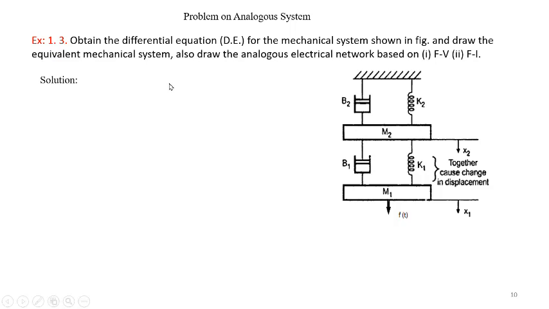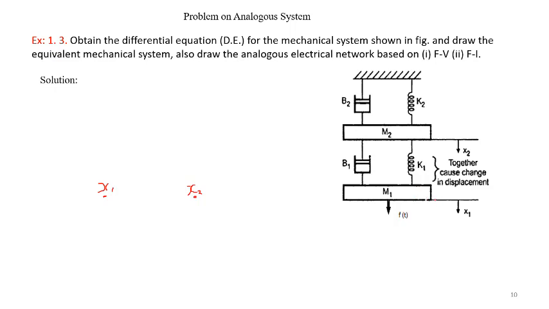We need to draw the network analogy diagram for the given mechanical system. Let's draw it. First we'll identify x1 and x2 as the nodes. We write one as x1 and the other as x2.